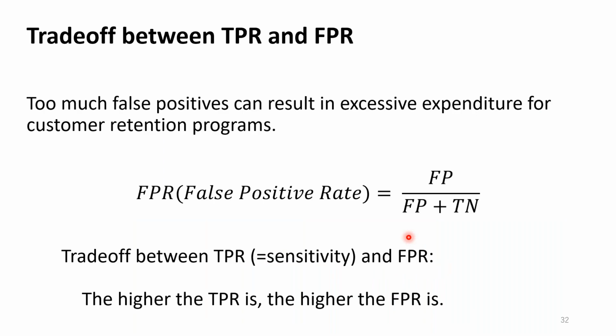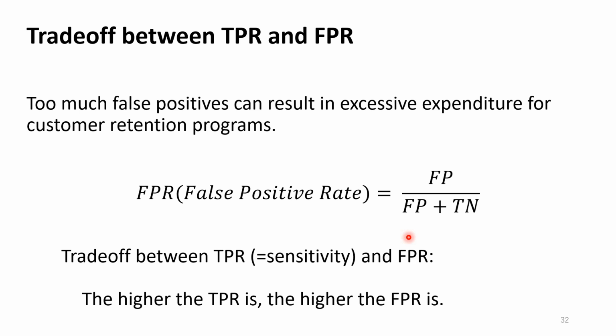Sensitivity is important in terms of identifying potential churners, but too many false positives are also problematic because too many false positives can result in excessive expenditure for customer retention programs.